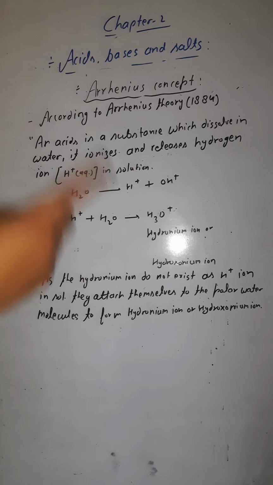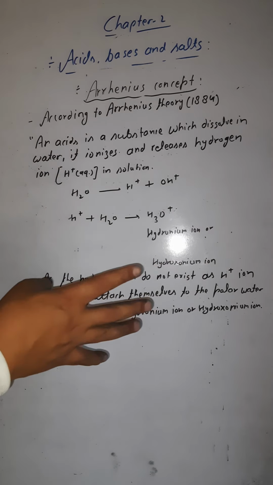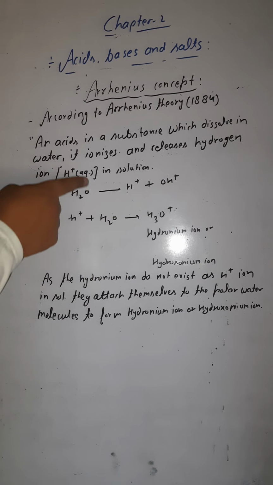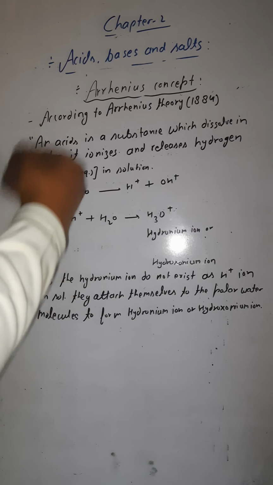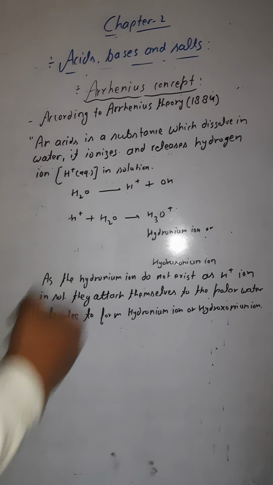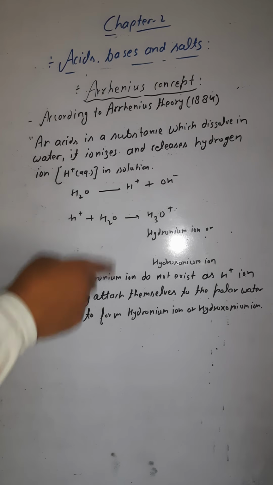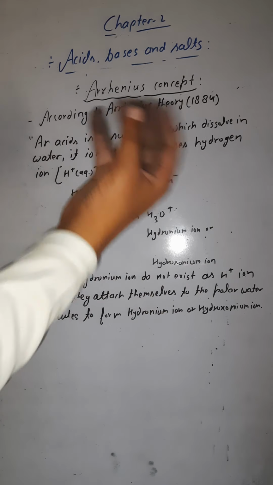But remember one thing, hydrogen ion does not exist as H+. Whenever a water molecule is ionized, it would give H+ and OH- ion. So this H+ ion, the hydrogen ion, does not exist as H+.